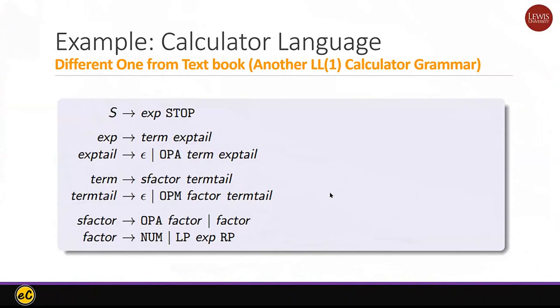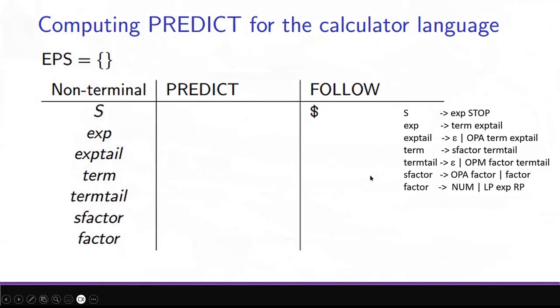So here is an example, and it shows you how to build up the whole predict set step by step. It actually goes back to use the rules one by one to build the table. The details I don't show right here, so you need to watch the video.